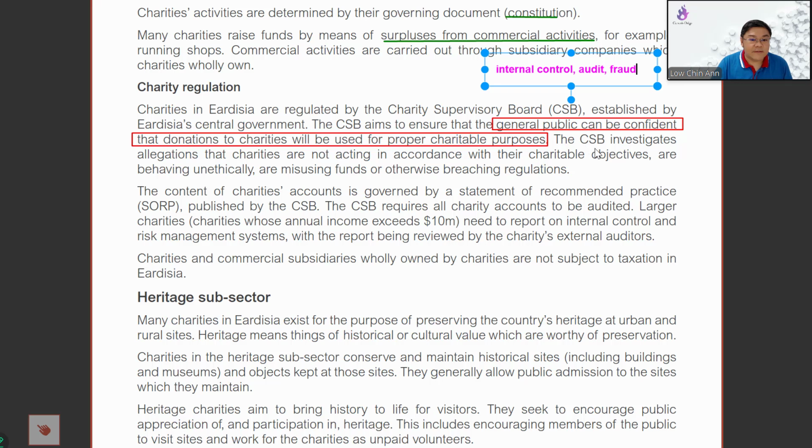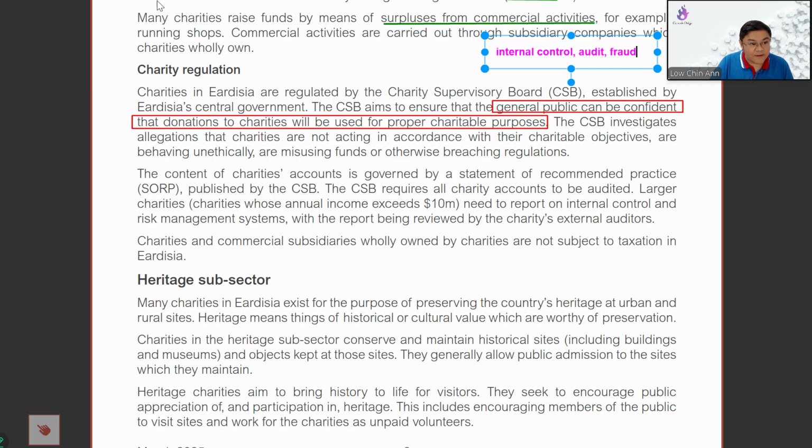Okay. Now, CSB investigates allegations that charities are not acting in accordance with the charitable objectives, and that they are behaving unethically, or they are misusing the funds. So immediately when I see that, I can also relate to an example, if they ask you questions like, what's the advantage of having an audit of your charity?